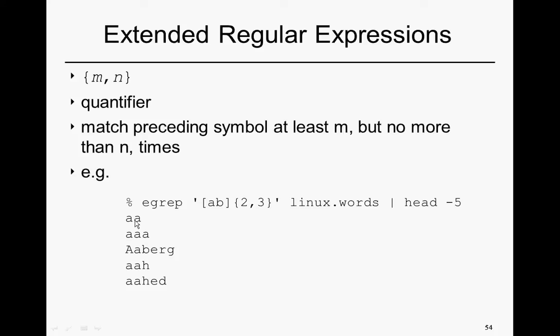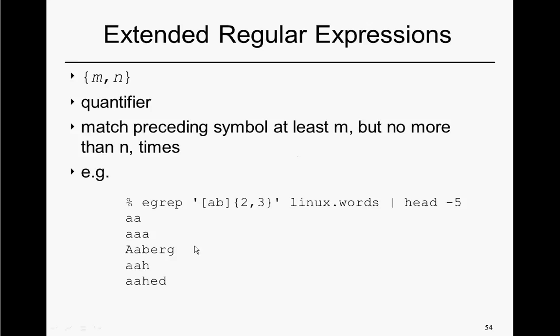So we could have AA, we could have AAA, and I'm going to have to check if that's really capitalized in the file. That may be a mistake. Or we could have AAH because it can be followed by H. Now it so happens that all these are AA, but if there were an ABA, that could also be matched.